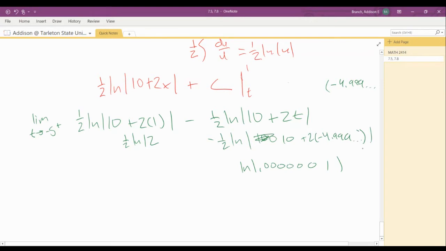The natural log of 0 is approaching -infinity. So therefore, we get 1/2 natural log of 12 plus infinity. Since we have that infinity in there, we know that it is going to be divergent.